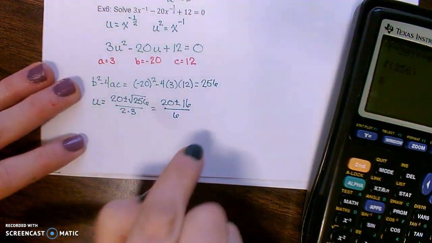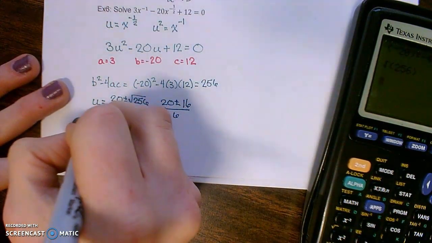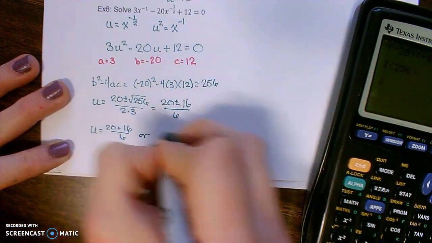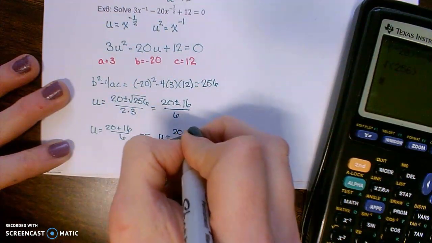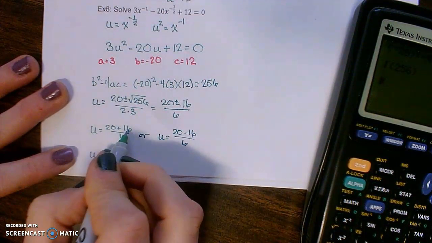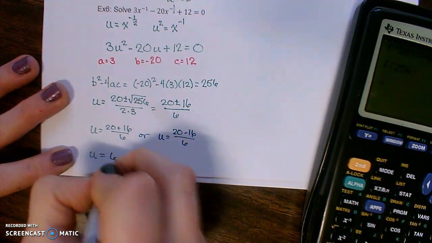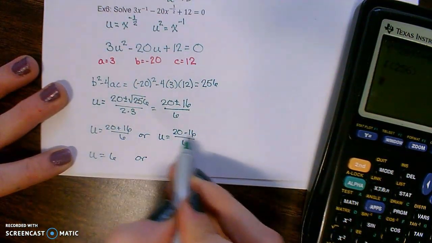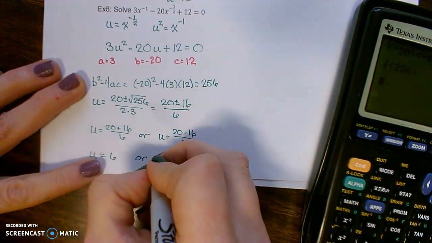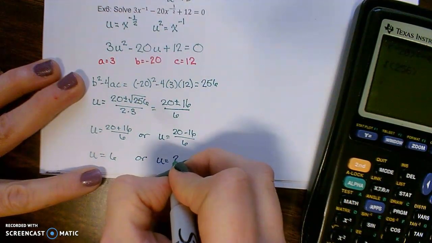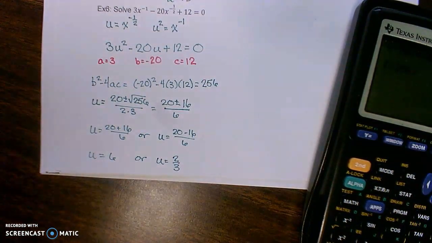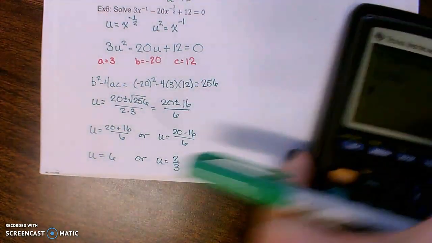All right, so this is actually two answers. u is 20 plus 16 over 6, or u is 20 minus 16 over 6. So this becomes 20 plus 16 is 36 divided by 6 is 6, or 20 minus 16, that's 4 divided by 6. 4 over 6 is the same as 2/3. So I get my two answers, 6 or 2/3.